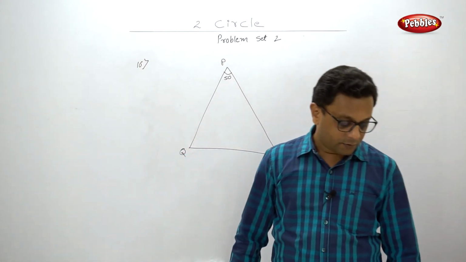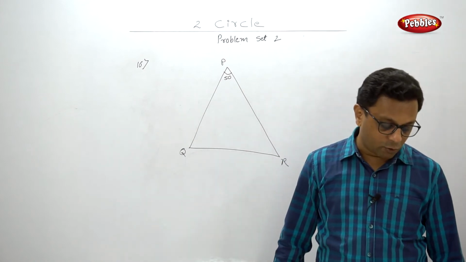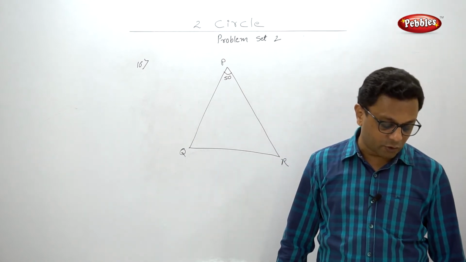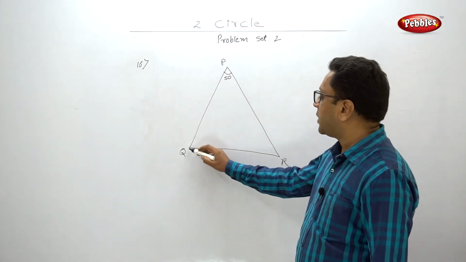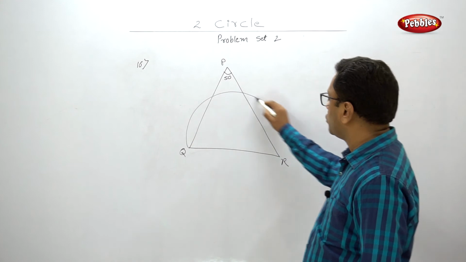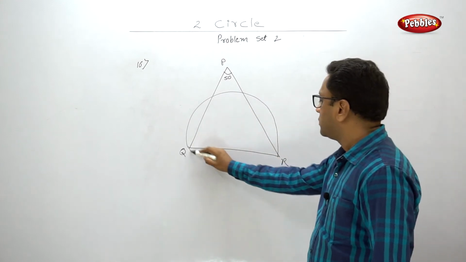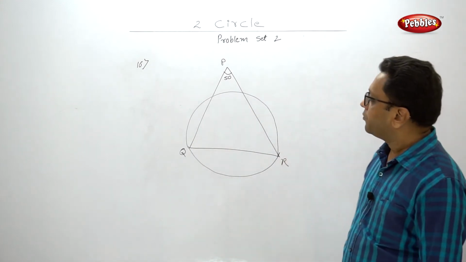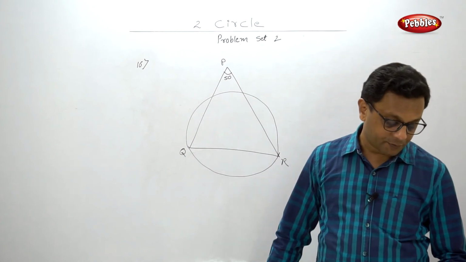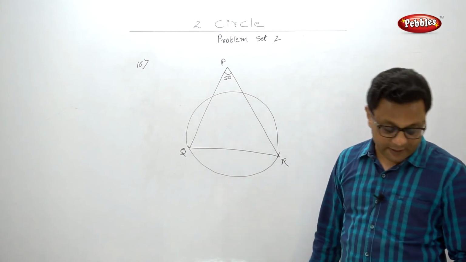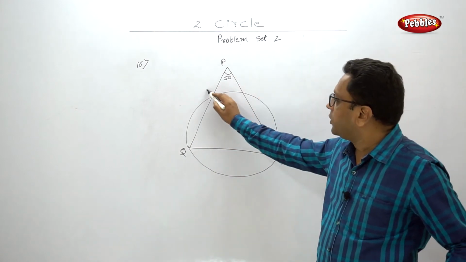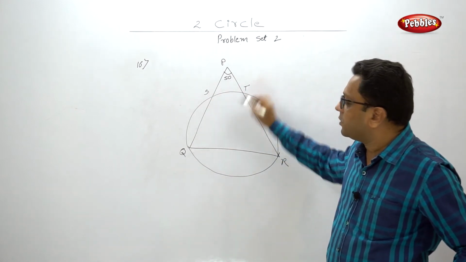Then the circle passing through Q and R intersects PQ in S and PR in T. Now there is one circle which is passing through these two points, okay, which intersects PQ in S, and this in T.